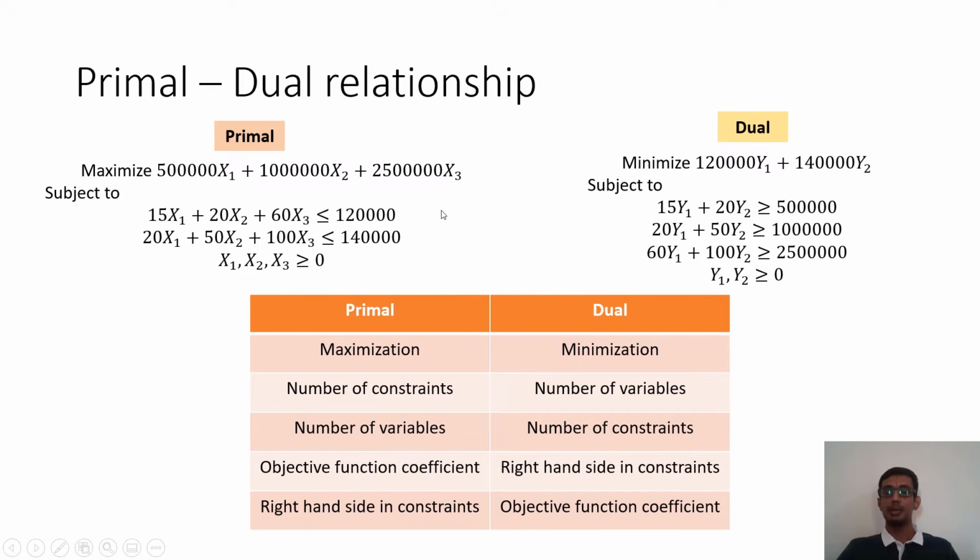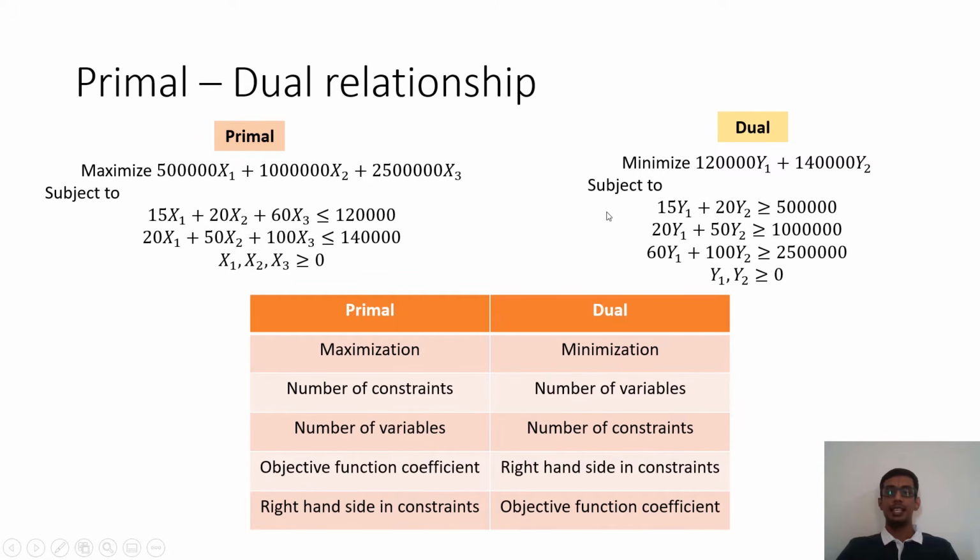You can easily observe this here. And another key point is the objective function coefficients here 5 lakhs, 10 lakhs and 25 lakhs in the primal are going to be the right hand side of constraints in the dual, right? And the right hand side of constraints in the primal are going to be the objective function coefficients in the dual.